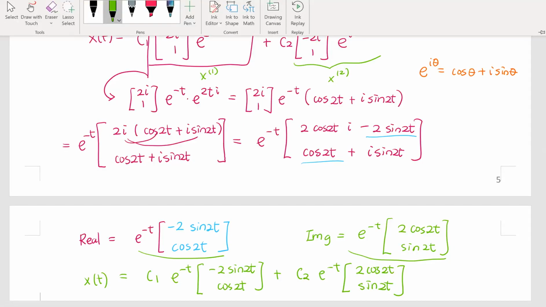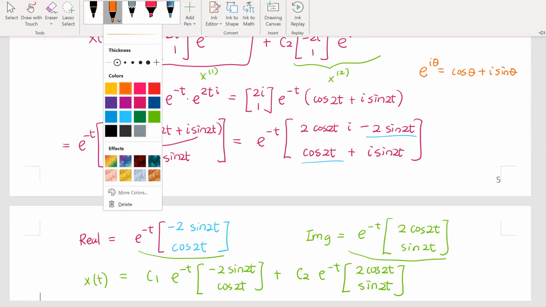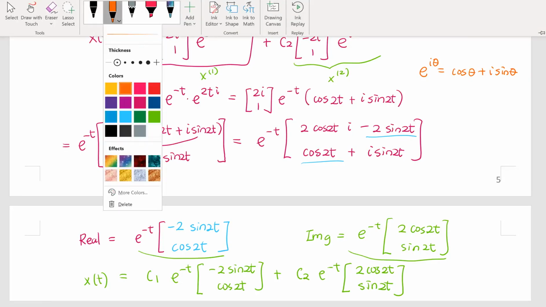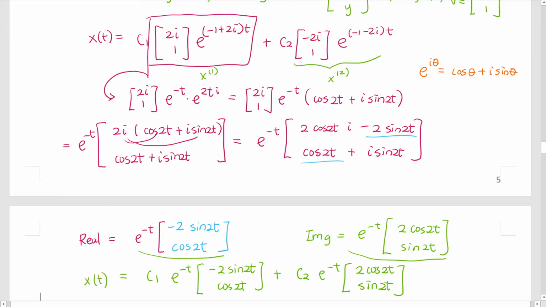Here I'm going to show you for the second solution. What's the difference? You can see the second solution and the first solution are complex conjugates. For the second solution, let me use yellow so you can see the difference. What will change?